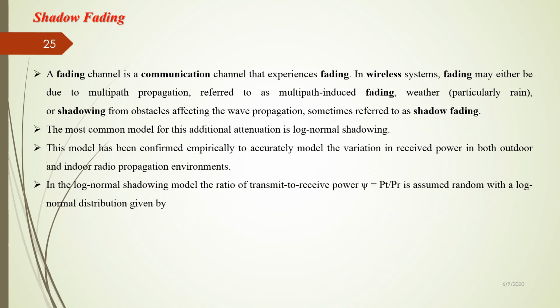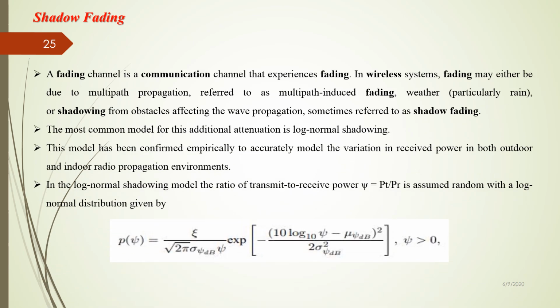And this is the shadow fading. So what is a fading channel? It is a communication channel that experiences fading. In a wireless system, fading may either be due to multipath propagation, referred to as multipath induced fading, or due to weather, particularly rain, or shadowing from obstacles affecting the wave propagation, sometimes referred to as shadow fading.